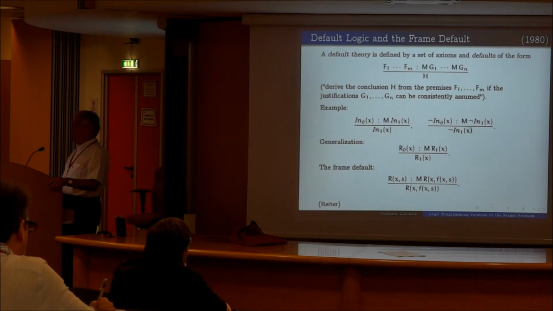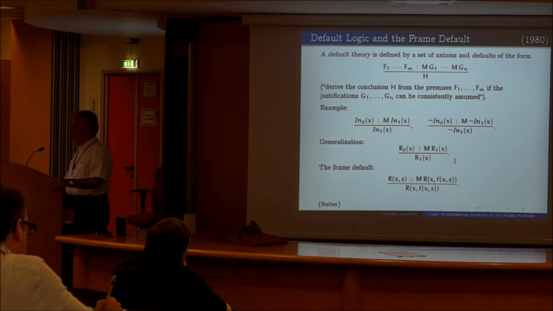And similarly, if we know that x is not in the room at time 0, if this is consistent with all the available information, you can conclude that x is not in the room at time 1. And what you see here next on the slide is a generalization.